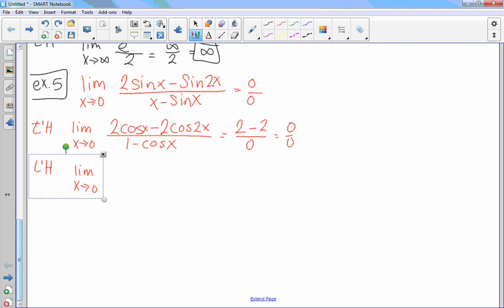Okay, what's the derivative of the numerator there? The derivative of cosine is negative sine, and keep going. Okay, Misha, derivative of the denominator?